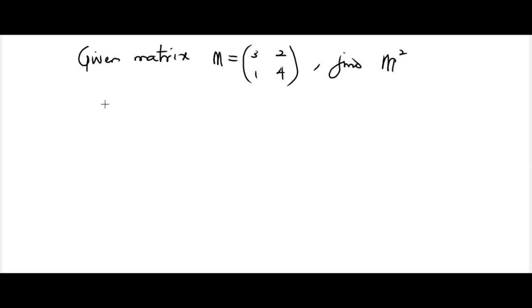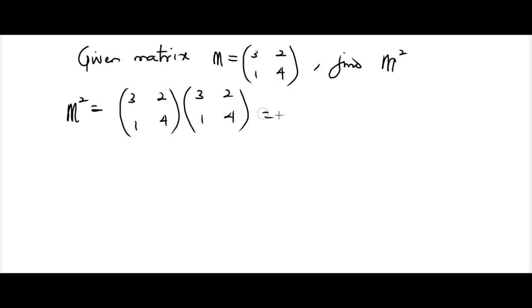Here is another example. Given matrix M equals 3, 2, 1, 4, find M square. So M square simply means M multiplied by M. So it means we are going to multiply this matrix by itself. So that will be first row, first column. 3 times 3, 9.